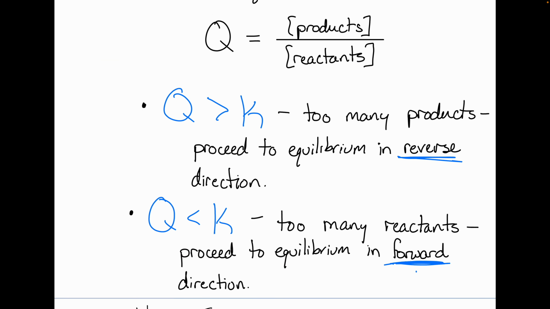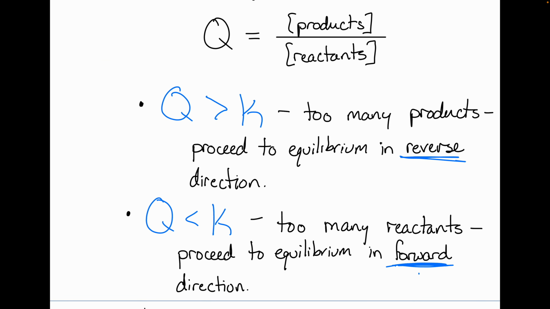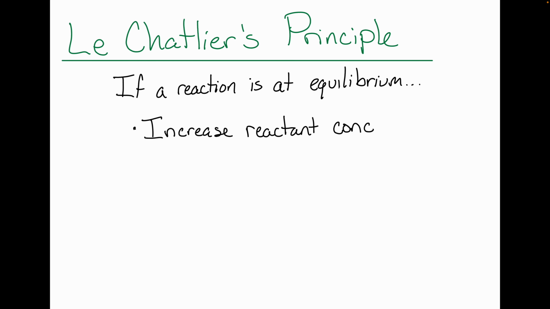Let's say that our reaction is at equilibrium, and then all of a sudden I add a whole bunch more reactant here. What's that going to do to the value of Q relative to K if I make this denominator really big? It's going to be smaller, right? So if we add a bunch of reactant, that's going to shift this reaction in favor of the forward direction, right? It's going to have to get back to equilibrium by proceeding in that forward direction. So we're going to say it shifts forward.